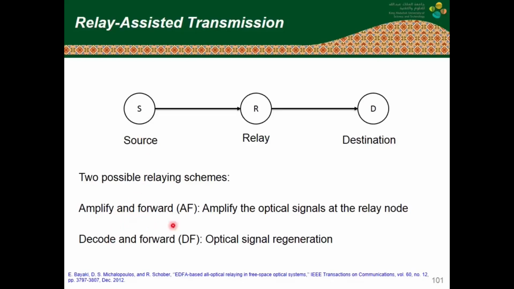The first one is amplify and forward, and consists of electrically or optically amplifying an optical signal, which is sent by a source node S and received or collected by a relay node R, and then amplified before being forwarded to a destination node D. So the amplification can be optical or electrical.